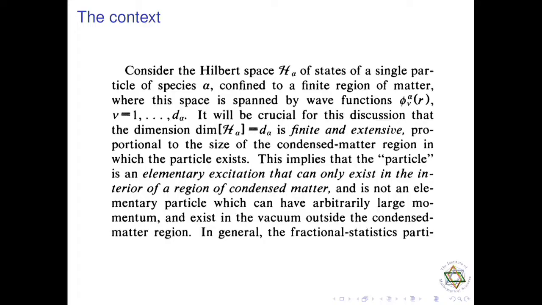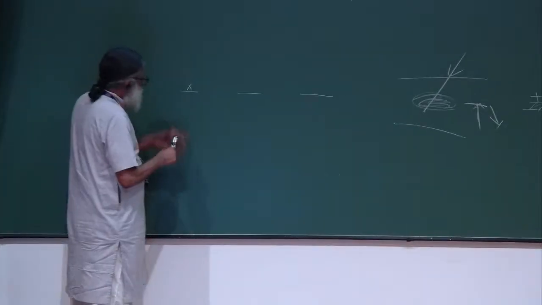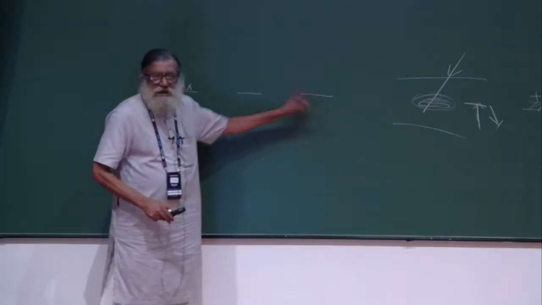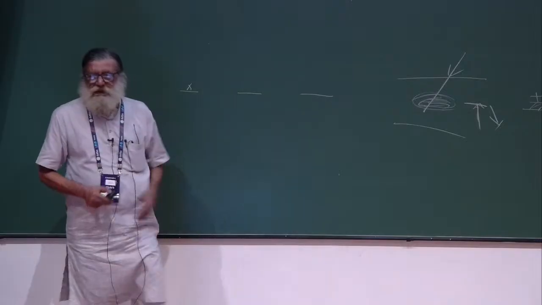So in the case of a boson, there are still d states left. Because basically, if you have 3 states, you put one boson here. The second one also you can put in any one of these 3. The third one also you can put in any one of these.